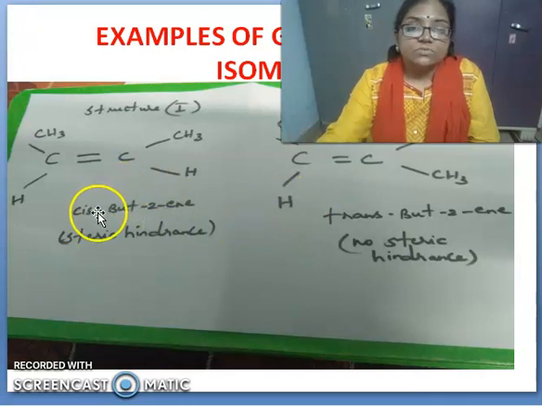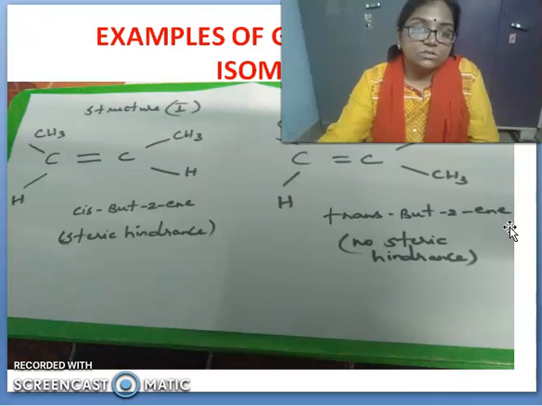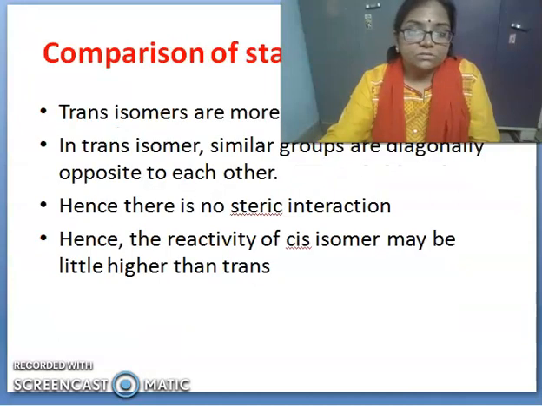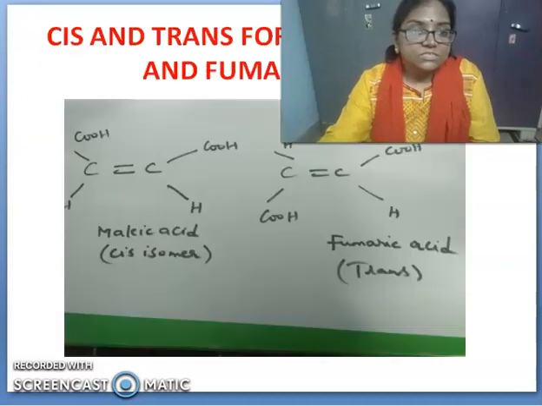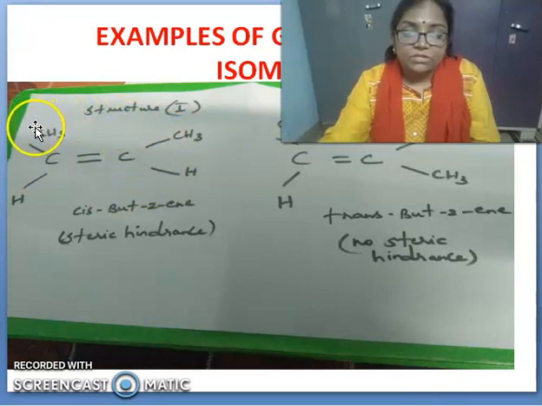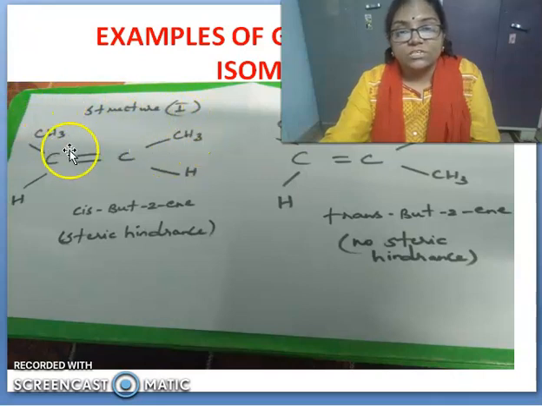Then coming to the stability of cis-2-butene and trans-2-butene, or cis isomers and trans isomers. When we compare the stability of these two isomers, trans isomers are found to be more stable when compared to cis isomers. The reason we give for this is, see here, since both the bulky groups are lying close to each other about the carbon-carbon double bond, it is found to be a highly reactive molecule.